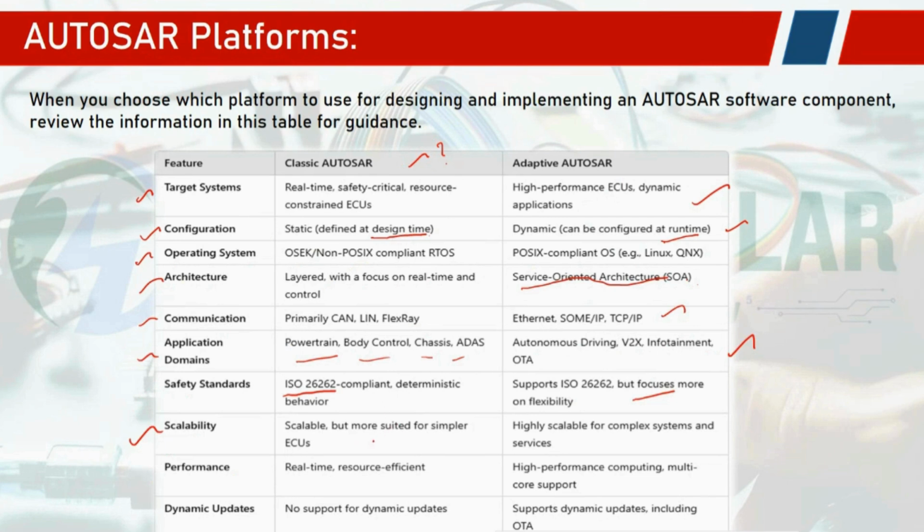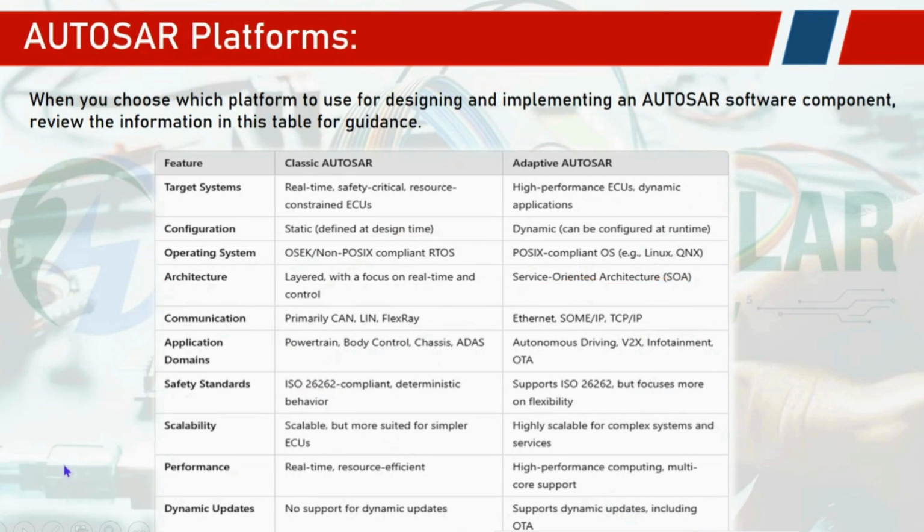Scalability is how simple the issue is and how easily we are able to configure it. Here, Adaptive is highly scalable for complex systems and services. Performance-wise, Classic is real-time and resource efficient, while Adaptive is high-performance computing with multi-core support. On dynamic updates, Classic has no support. Adaptive supports them, so over the years the software can be updated very easily and efficiently.